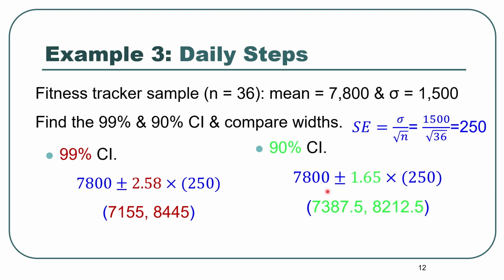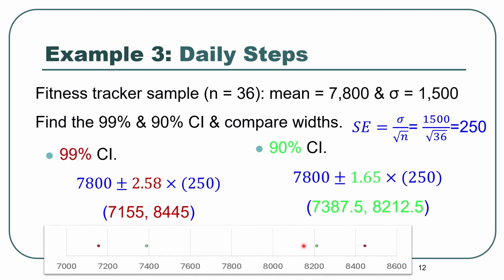And this is the interval estimated for the mean, again, the mu, the unknown parameter of the population of daily steps. And as you see, this confidence interval is shorter than that one, and this graph emphasizes what I said.